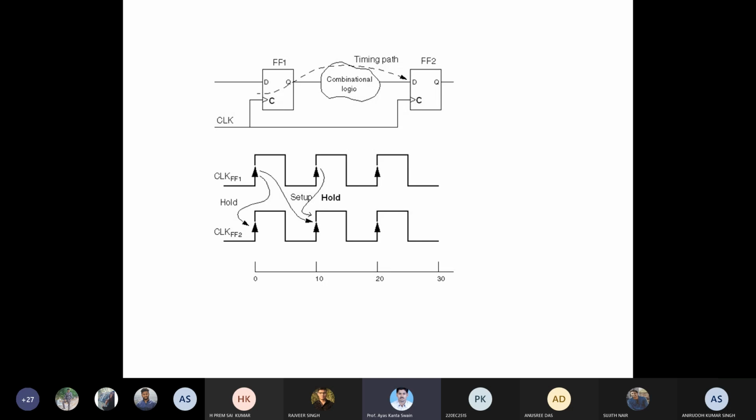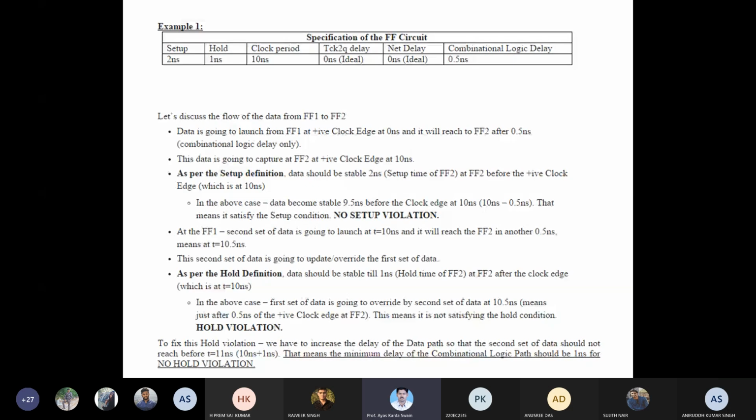We also observed last class that hold is calculated at the same edge of your clock pulse, but setup is calculated at the next edge of your clock pulse, which you can see in the lower part of this diagram. Now we'll go through 3 to 4 examples of how to find setup and hold violations. The first is example one.